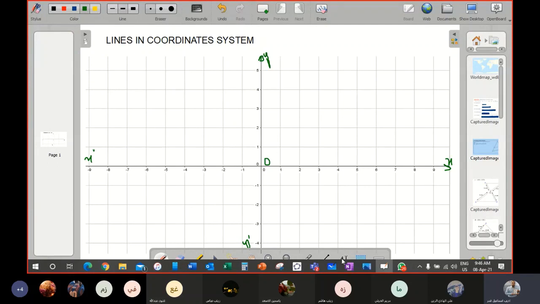Let's write them here. X prime O x is the axis of abscissas.